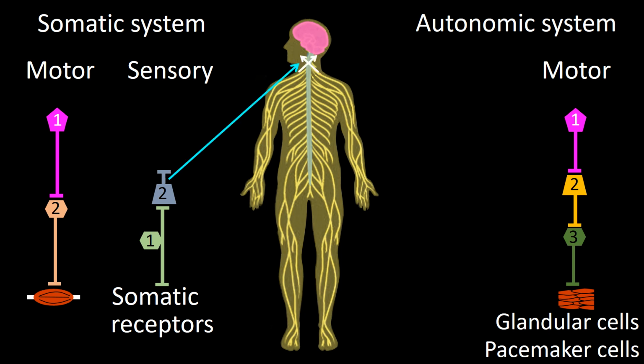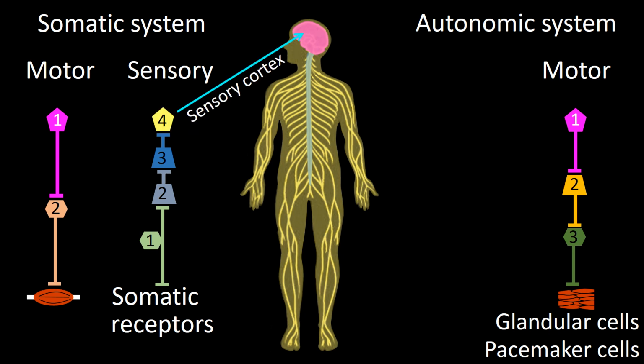The axons of the neurons in the brainstem, at least most of them, cross to the opposite side too. The spinal and brainstem second neurons do so to make contact with the third neuron at the thalamus. The axons from the third neuron make contact with a fourth neuron at the sensory cortex.